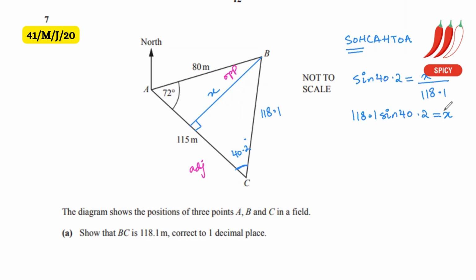So you're supposed to do 118.1 times sine of 40.2, and that gives us 76.2 meters. This is the shortest distance from point B to the length AC. Remember, the shortest distance is always the perpendicular distance, and that is mostly found by using SOHCAHTOA. So this is your answer.